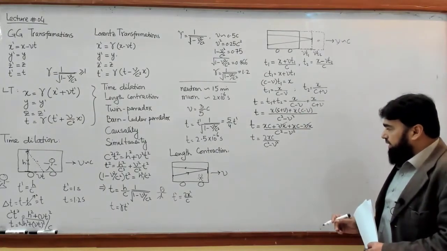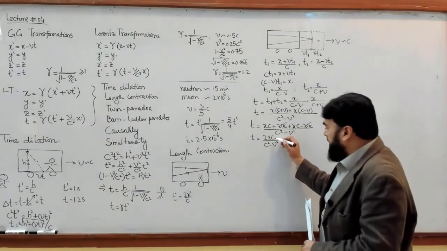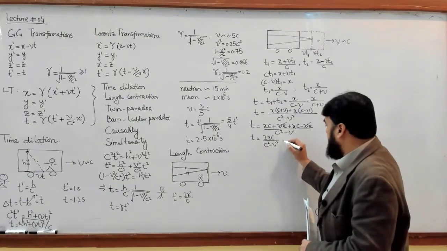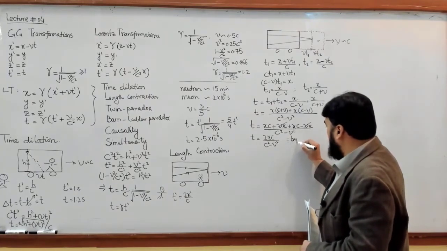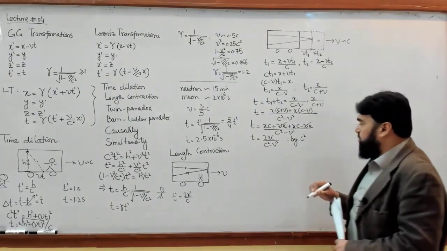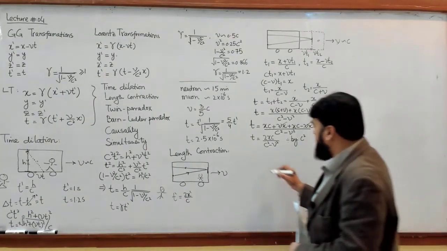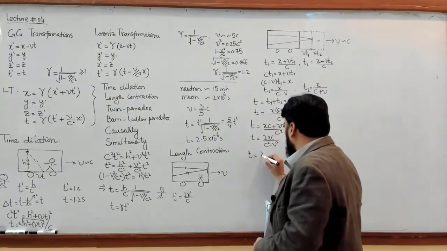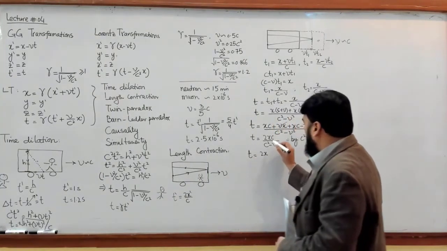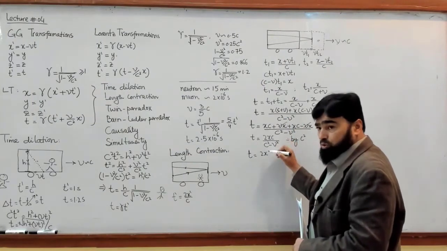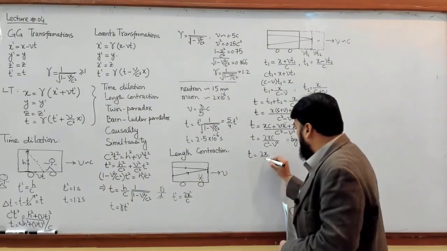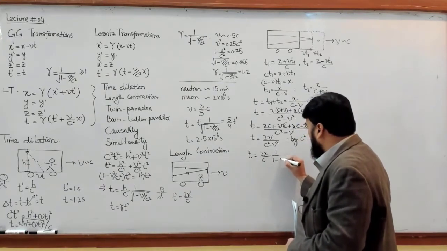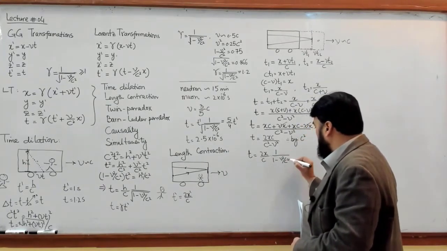Now if I divide the numerator and the denominator by c squared, I get t equals 2x, and then c over c squared gives 1 over c, so I write 1 over c here, and in the denominator 1 minus v squared over c squared.